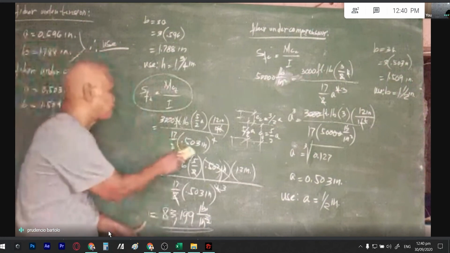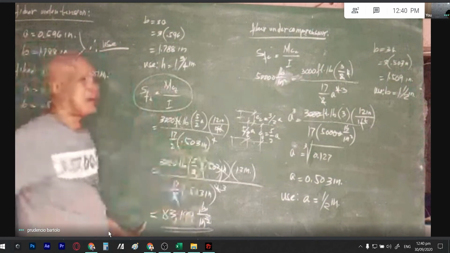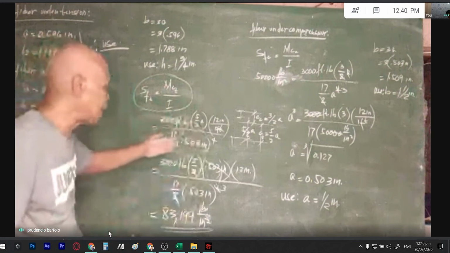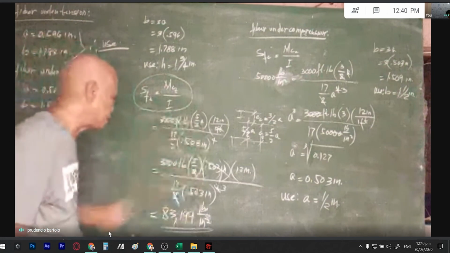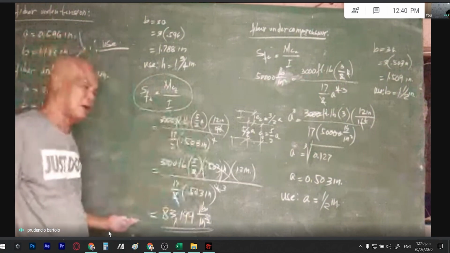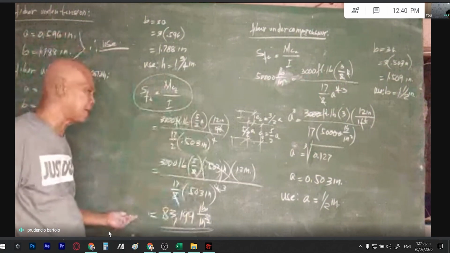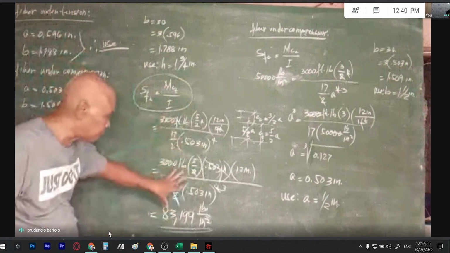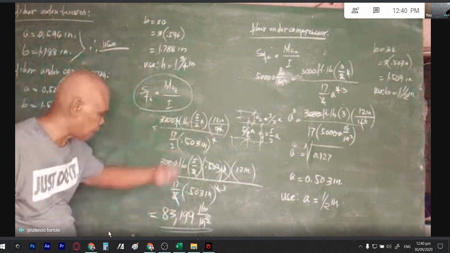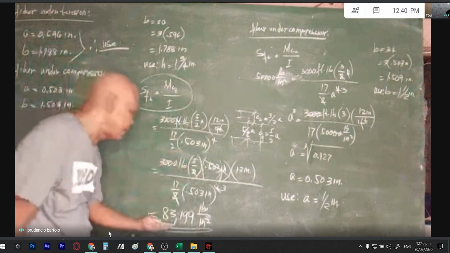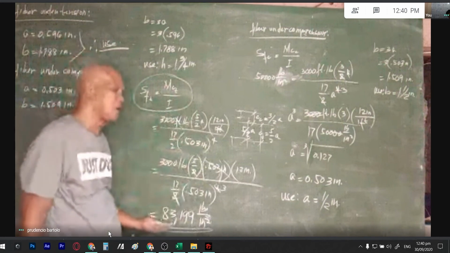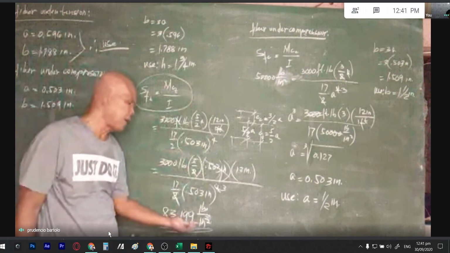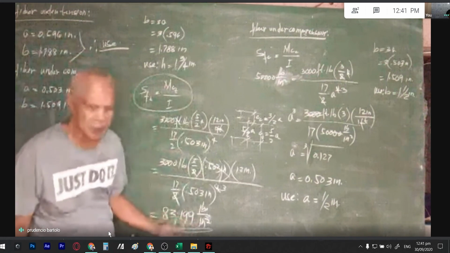Finding the value of the stress developed using 0.503 of an inch as our dimension, we can see on the computation that our flexural stress is 83,199 pounds per inch squared.